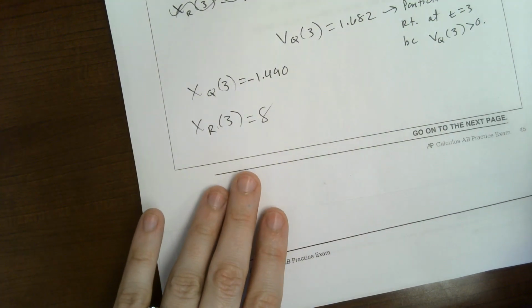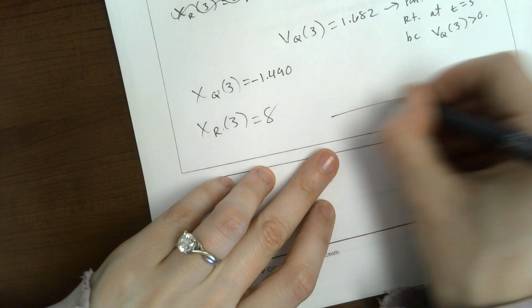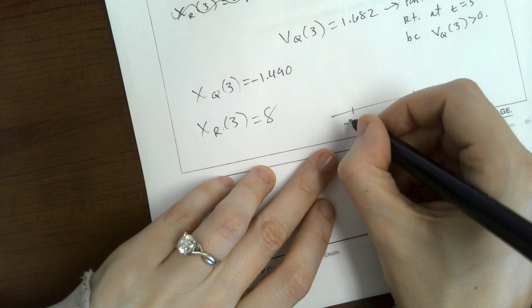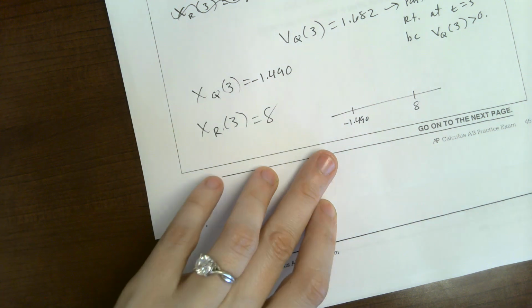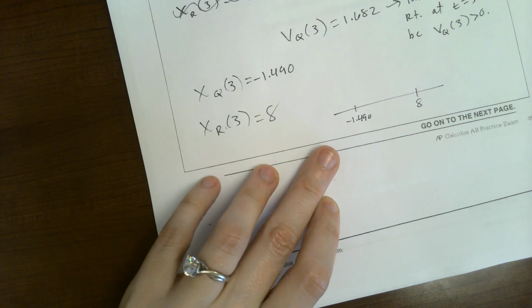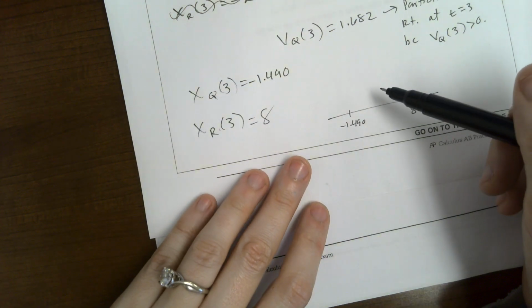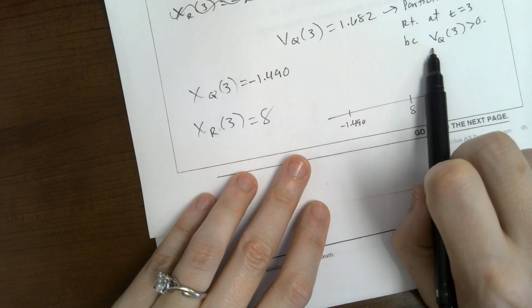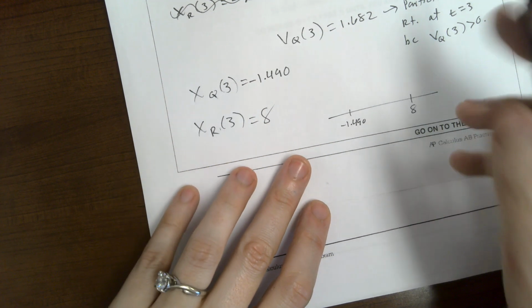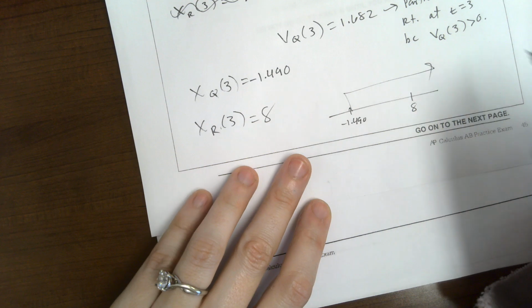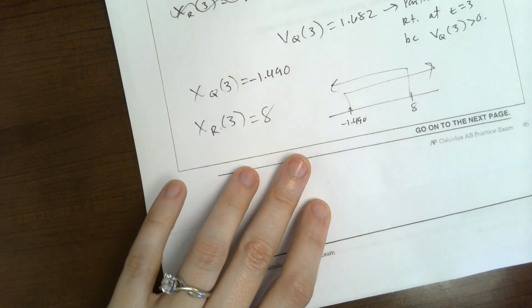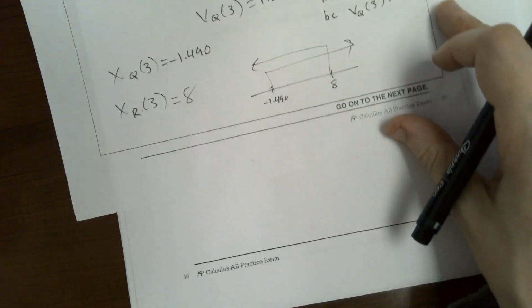Okay, so let me draw a little picture for myself. All right, so this is 8. This is negative 1.490. So those are the positions at t equals 3. And we've got Q moving right, okay? And then R is here and moving left.